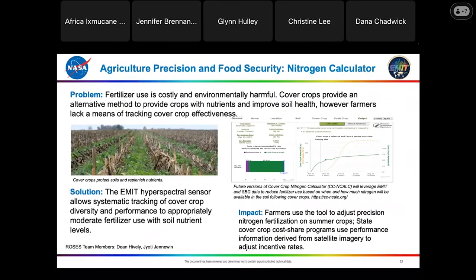So this is a nitrogen residue calculator that they've developed and they're using to help people make decisions about their cover cropping and nitrogen fertilizer application. And they're working currently to ingest EMIT data into this type of a tool so that they can work with farmers to make better decisions that actually improves local water quality as well.